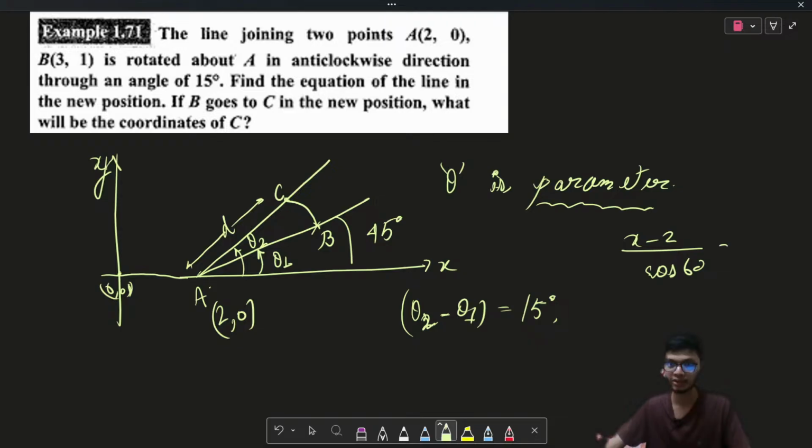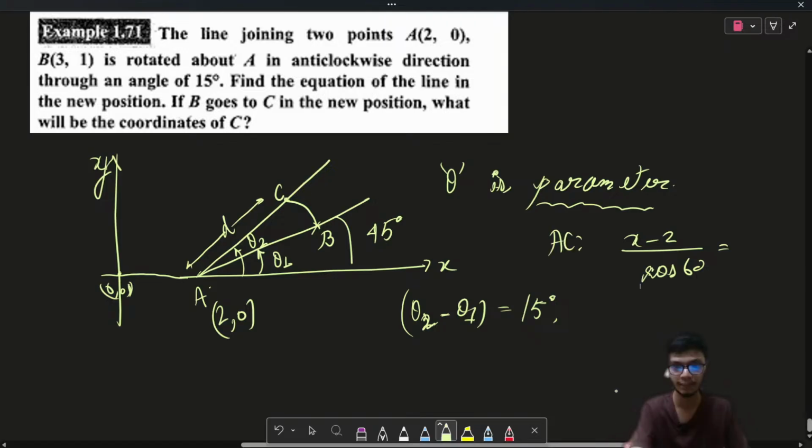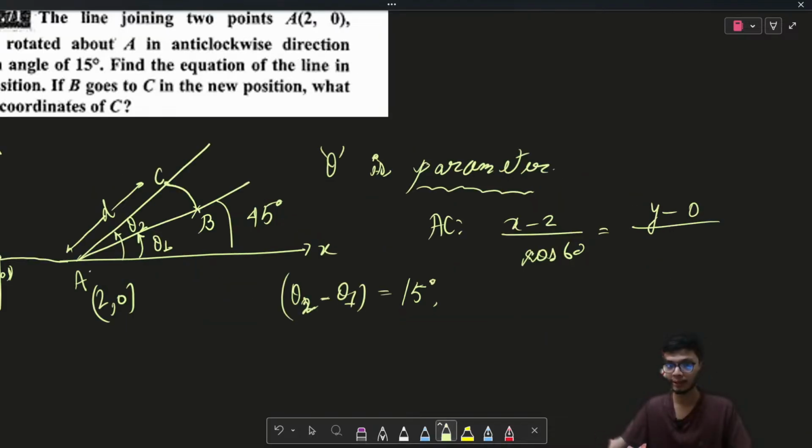So I'm writing the equation of line AC: (x minus 2) by cosine 60 equals (y minus 0) by sine 60. This will be the parametric form for the equation of the line.